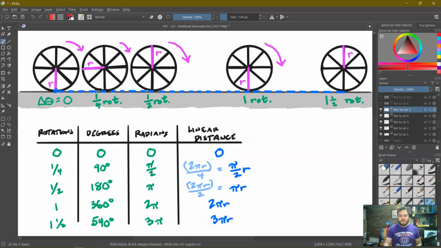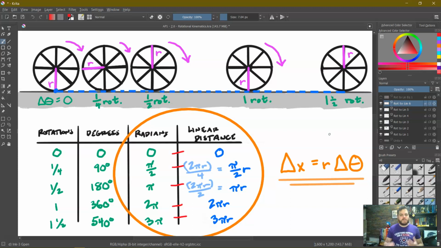And what we notice is there is a definite similarity between the number of radians and the linear distance this point has gone through. And in fact, we can relate them together by saying the linear distance delta x of this point on the wheel is equal to the radius of the wheel times delta theta, the angle the wheel has gone through, specifically in radians.